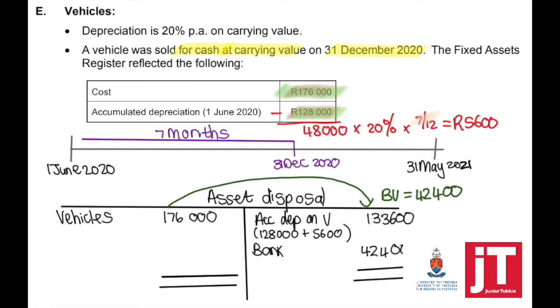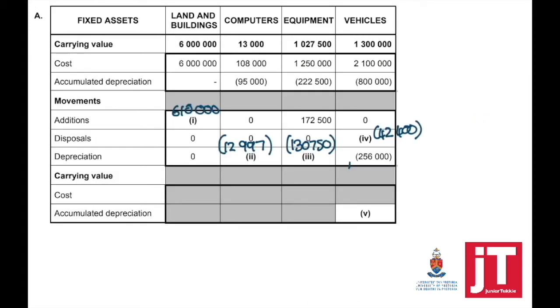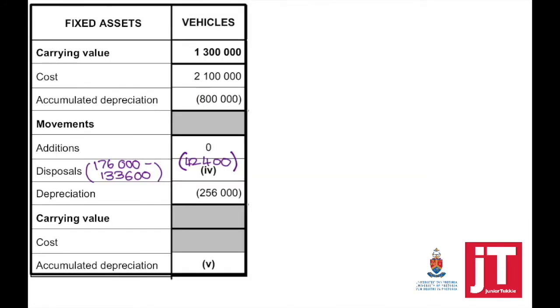Disposal at carrying value. Always remember, on the fixed asset, tangible asset note, disposals must always be shown in brackets. So this is why I've got brackets 42,400. We now need to calculate the accumulated depreciation at the end. We need to calculate number 5.